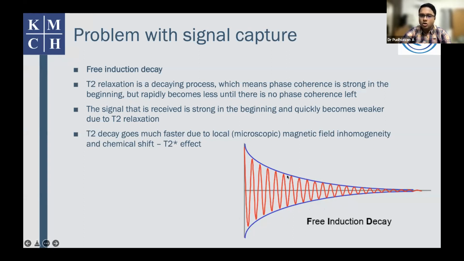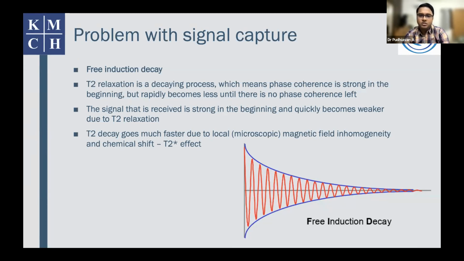So we have lost a lot of signal before we could even sample it. This process of free induction decay is also much more accentuated in the real world scenario because the T2 decay is much faster owing to the small magnetic field inhomogeneities that are present inside the body.